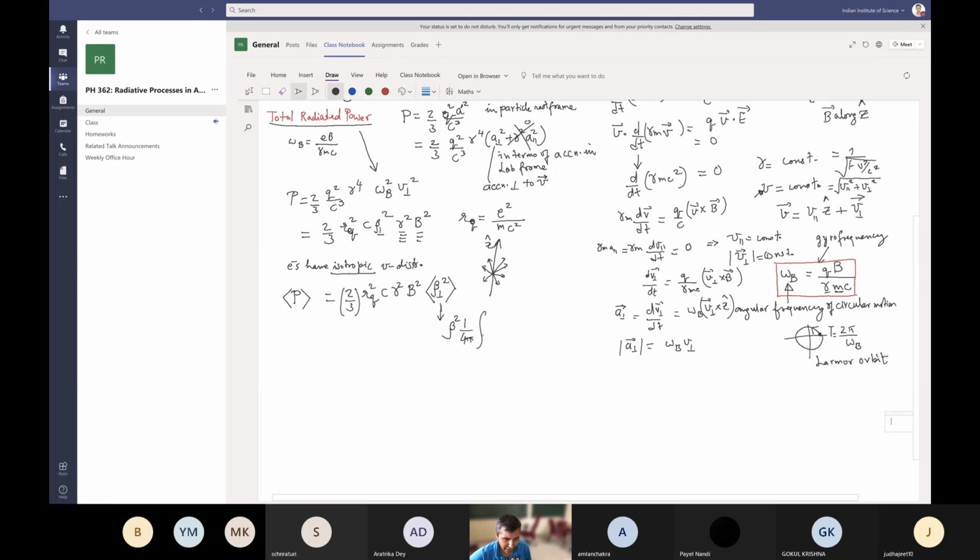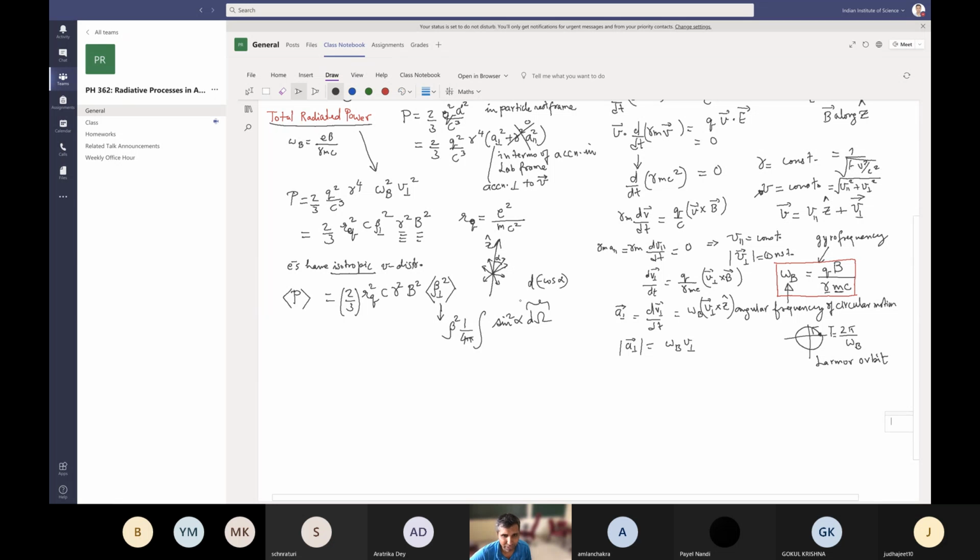I'm doing an angular average, sine squared alpha d omega. Right, so this is the pitch angle alpha, the angle between the velocity and the magnetic field direction. So this is nothing but d cos alpha. This is a standard integral.